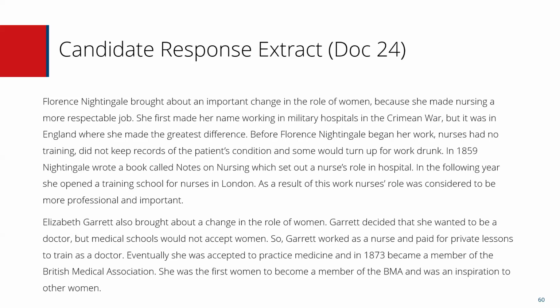And what that does is make the judgment they've given, where they said that there were important changes, actually insecure because of that. So for both strands one, it would get level, so let me have a look at this. The answer is going to be marked at level 3.